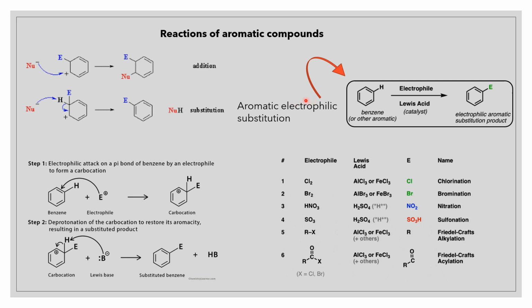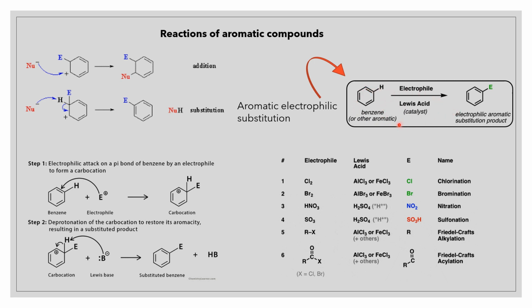In the case of saturated carbon, we have discussed two different types of substitution reaction: either an electrophilic substitution reaction or a nucleophilic substitution reaction. Similar to that, an aromatic system can also undergo an electrophilic substitution reaction.